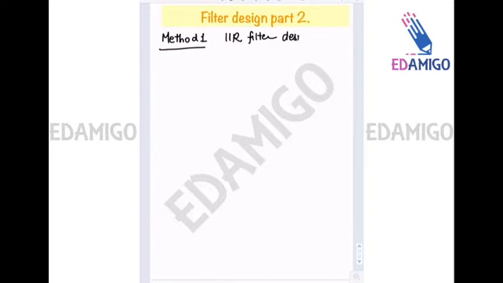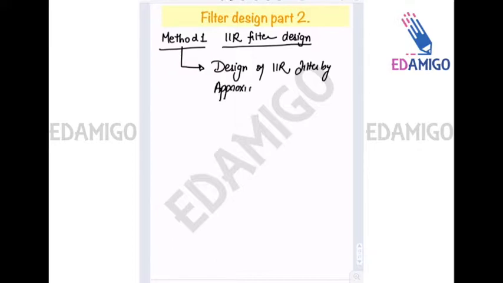This method 1 is called design of IIR filters by approximation of derivative. So this is the name.